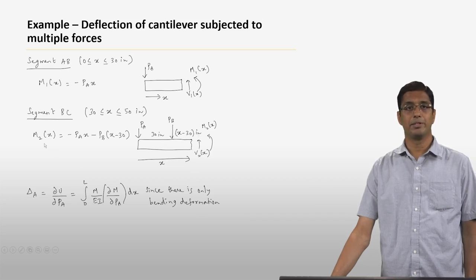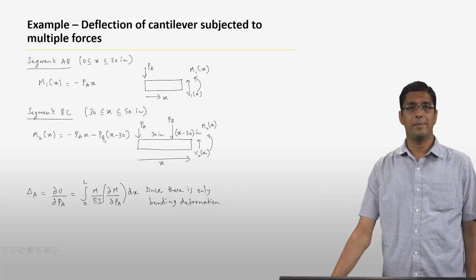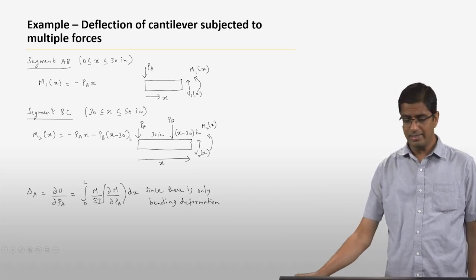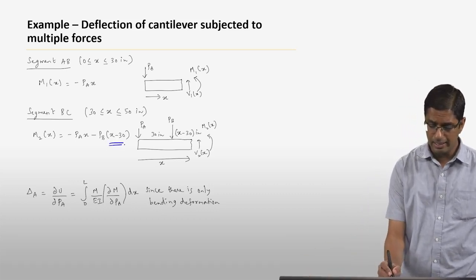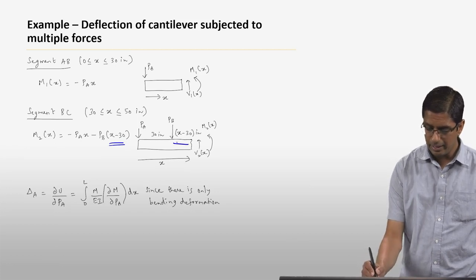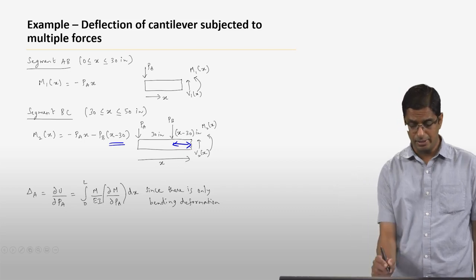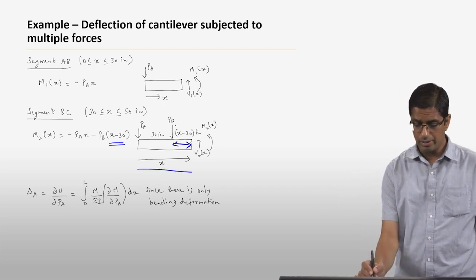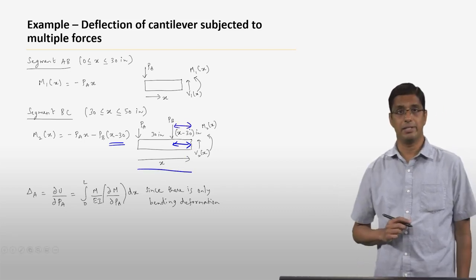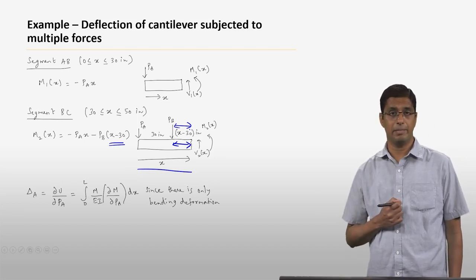So M2 is minus PA times x minus PB times x minus 30. The reason you have x minus 30 is that the distance of PB from that point is x minus 30. X is the total distance, so this distance is x minus 30.